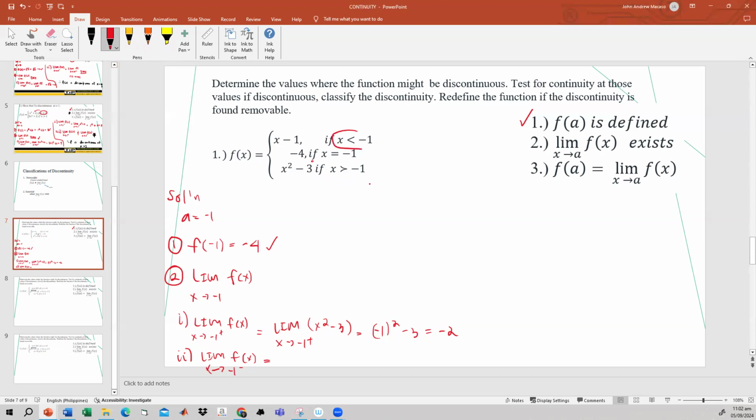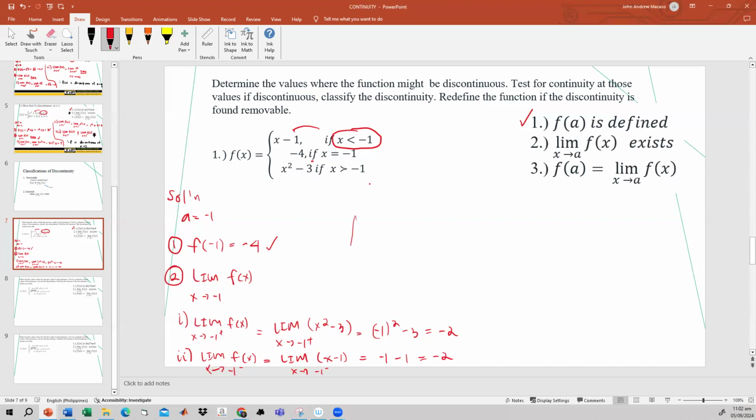The inequality is x less than -1, so we'll use x minus 1 as our function for the left side limit. We'll have the limit of x minus 1 as x approaches -1 from the left. Evaluating the limit, this will give you -1 minus 1, which leads to -2.